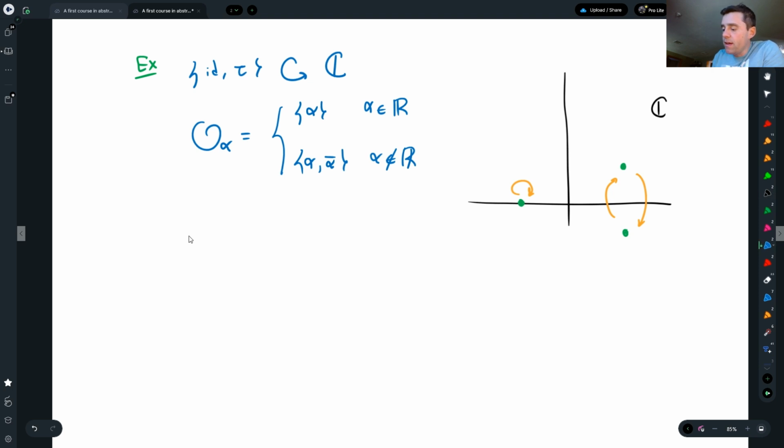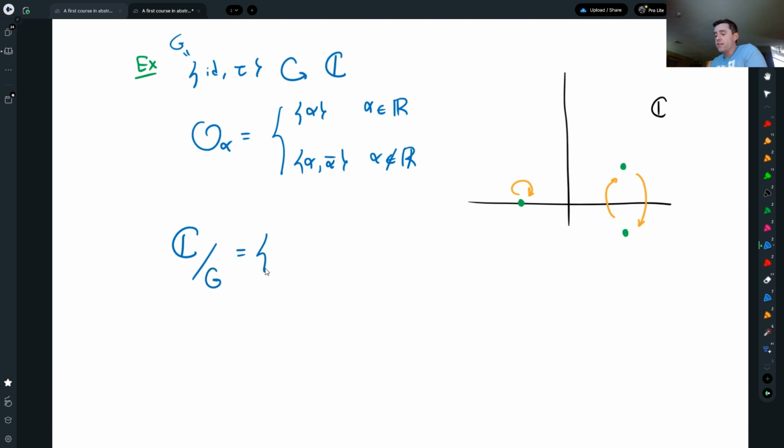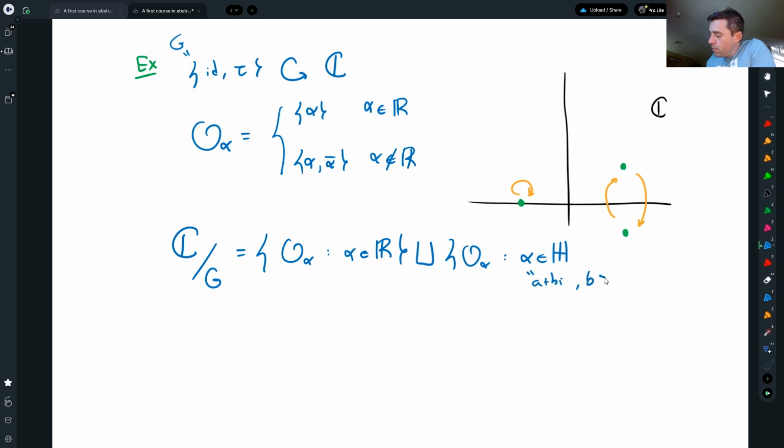So what happens then is that if I call this G, the set of equivalence classes is the orbit of alpha, one for every real number, disjoint union the orbit of alpha, one for every complex number a plus bi with b bigger than 0. This is what we usually call the upper half plane. Many times we just call it H, like that.